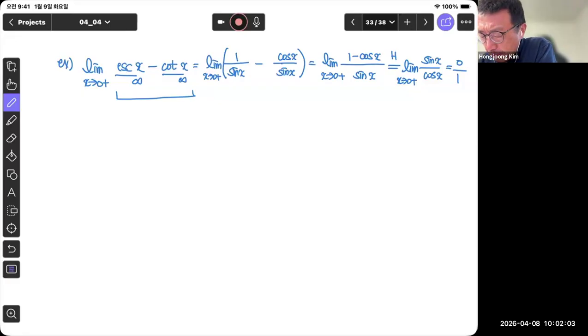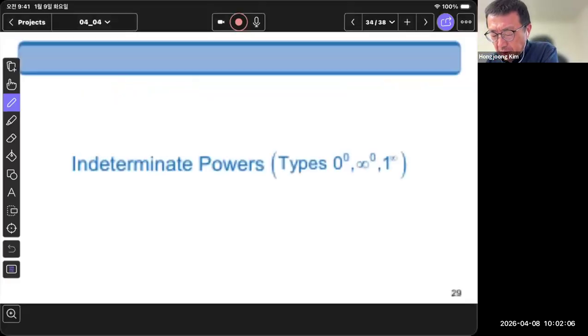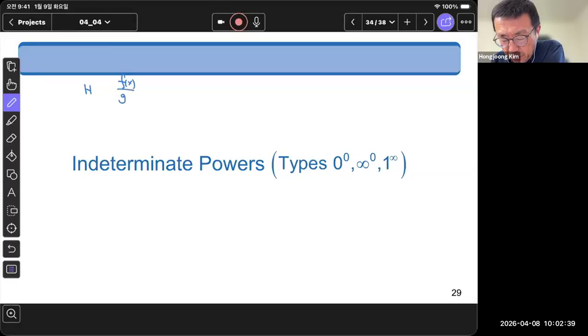Okay. Now, one more application we want to consider is the following. This one is a little bit confusing though. Before I consider this section, previously we considered L'Hopital's rule, which considers an f of x over g of x type function.